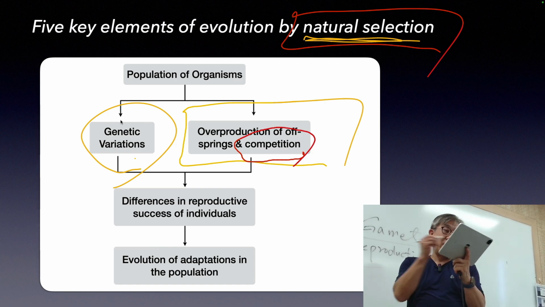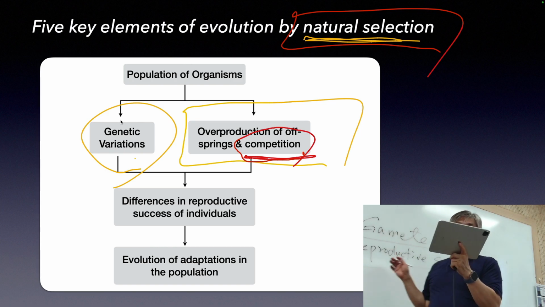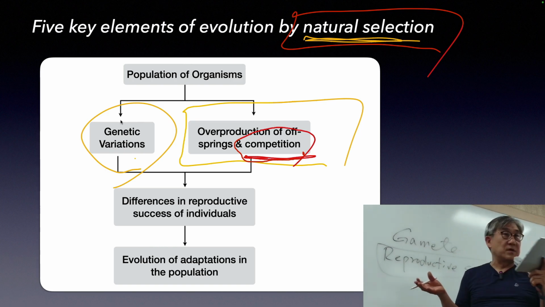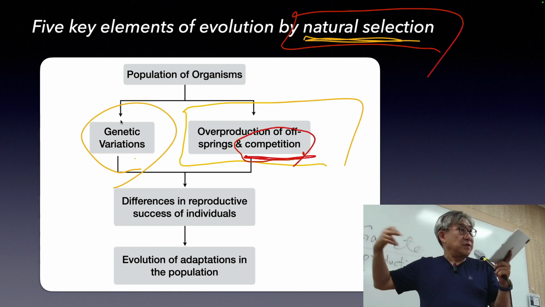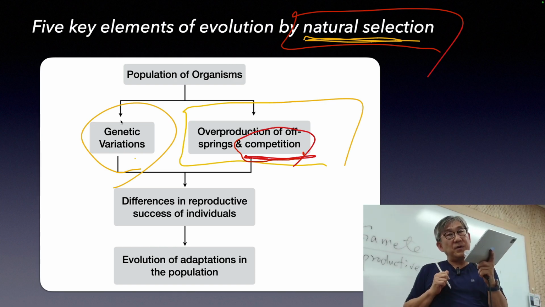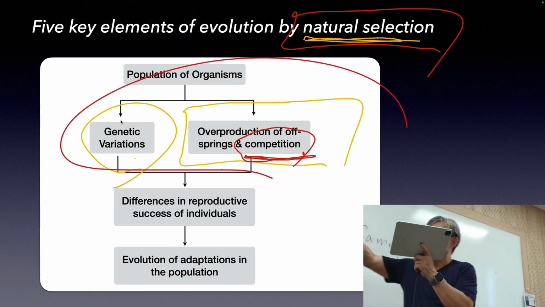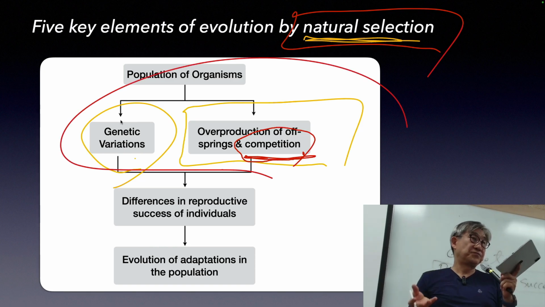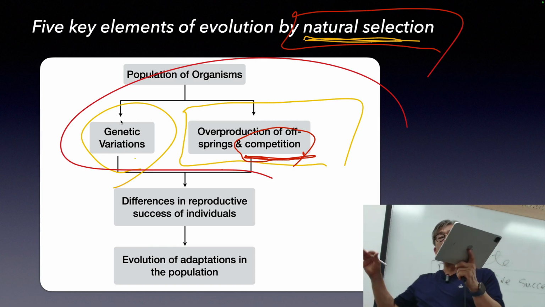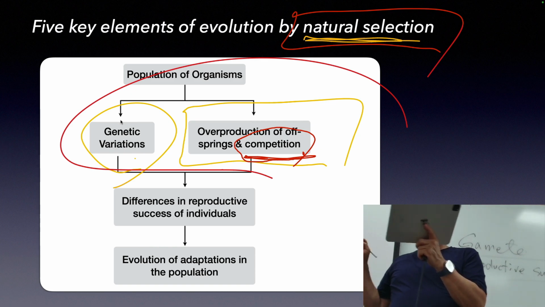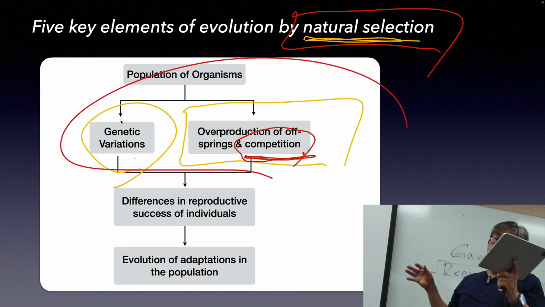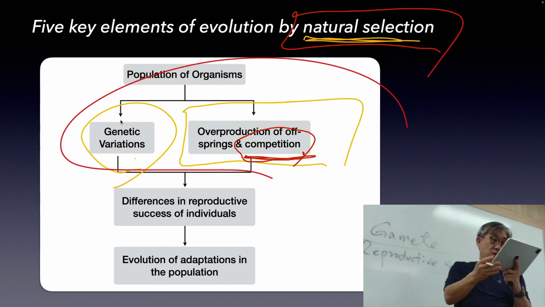Because of that, if there is no competition to begin with, there's no point. This game cannot be played. But in practice, these two things always exist. There is always variation, and there will always be some competition for resources.